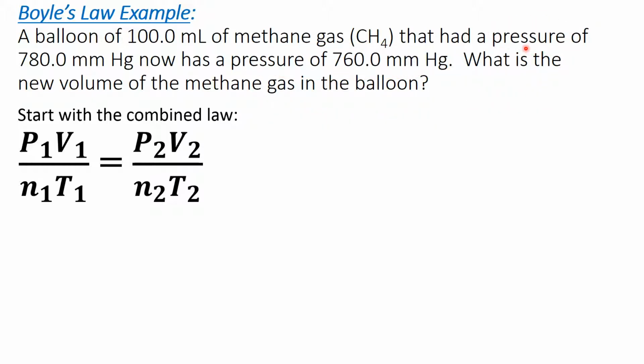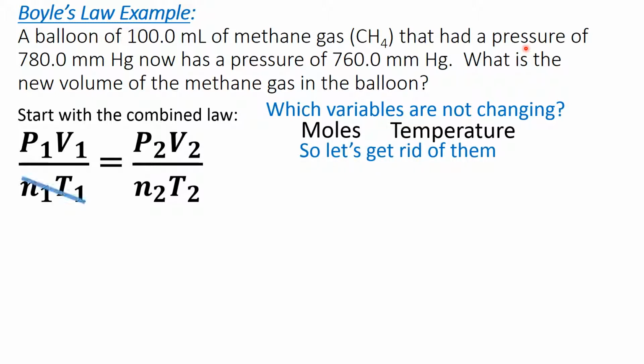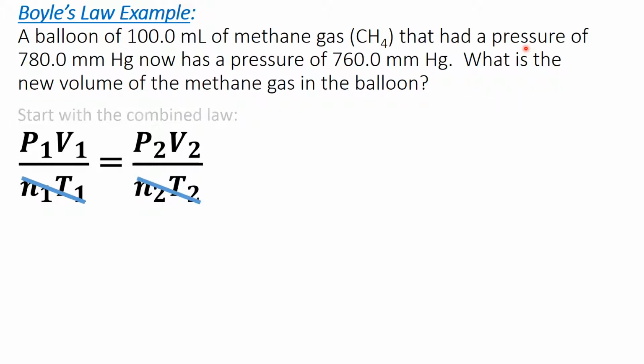But which variables do you not see in the word problem? Which variables are not changing? Well, we don't have any moles up there, and we don't have temperature up there. So when we go to our combined gas law, we can just get rid of those from the equation. So we'll strike out N1T1, and we'll strike out N2T2.